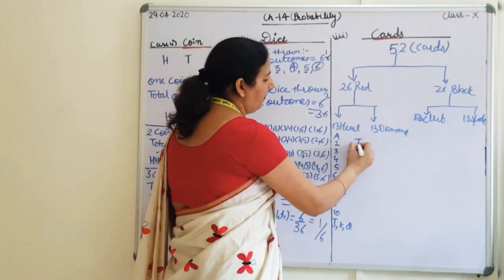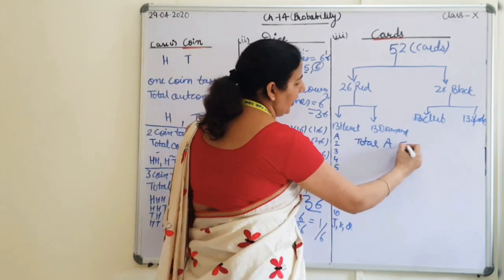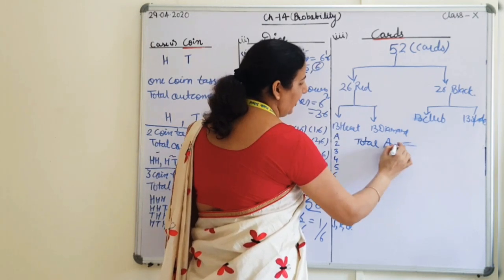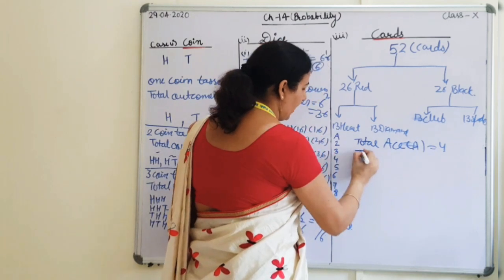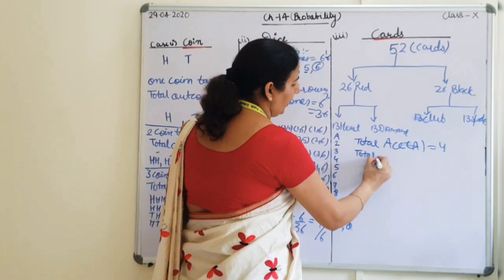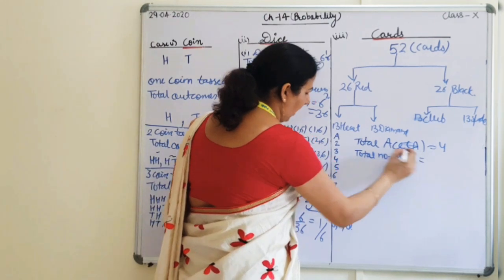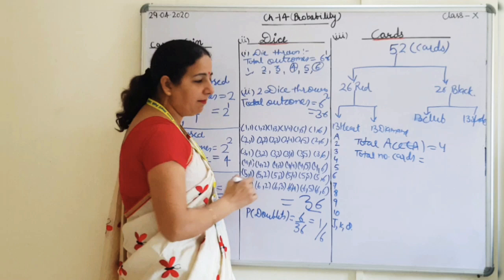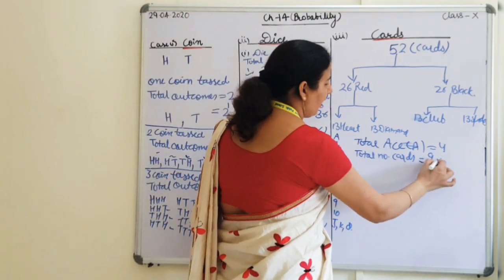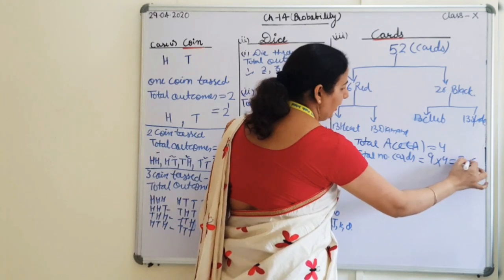So total ace cards will be 4 in number. Next, total number cards: 2 to 10 are 9 in number, and we have 4 shapes, so 9 into 4 is 36.